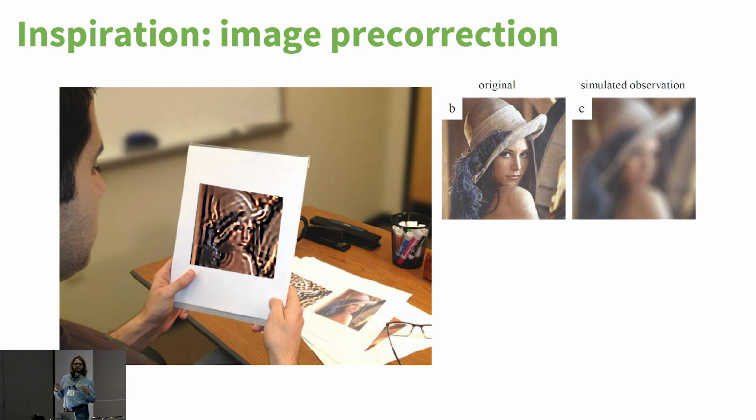This degradation is due to all of this light scattering inside of the 3D print, and it's inherent to the technology. So there's nothing we can do about this degradation. We know that the degradation will always be there. And so the only thing we can do is see if we can modify the input such that when it goes through this known degradation, it will come out the way we want it to look in the first place, right?